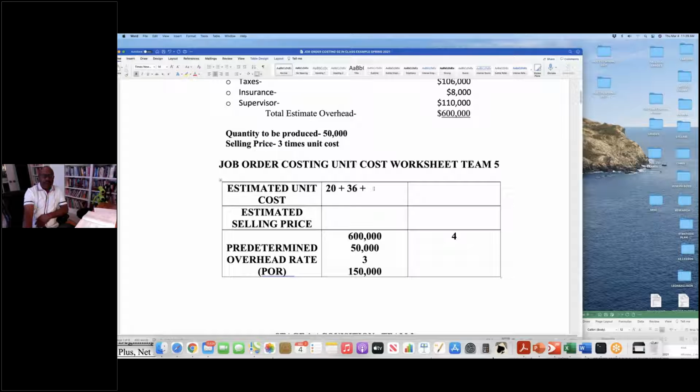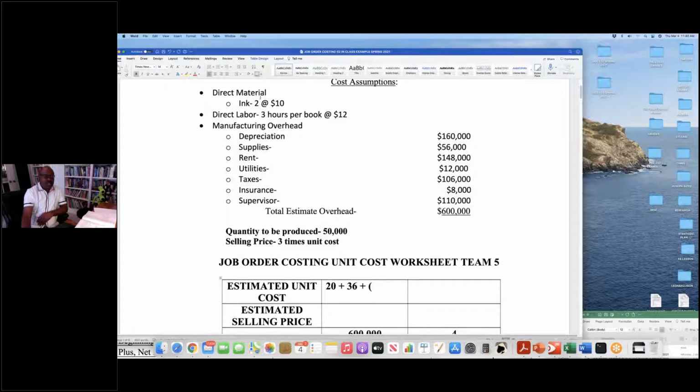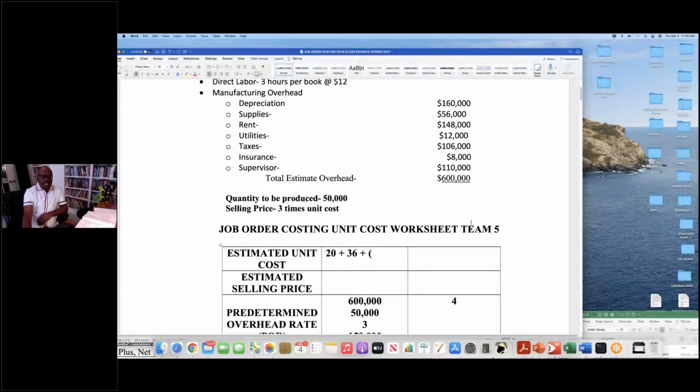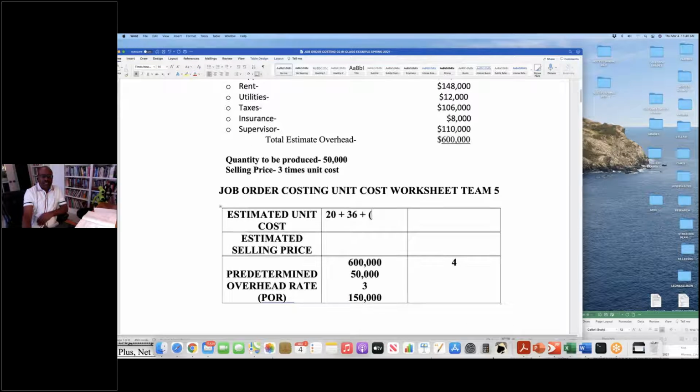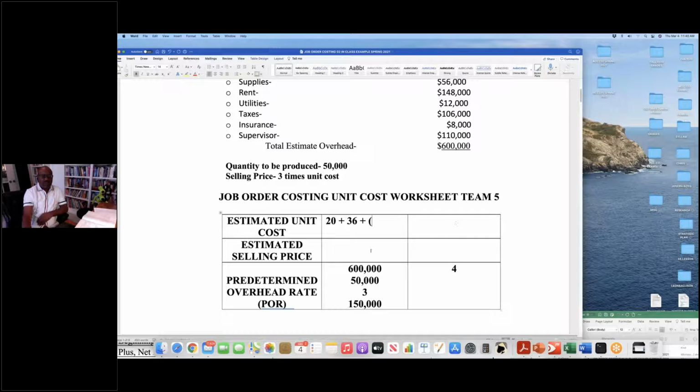Now we need to go up here and get our costs for overhead. We have in here the unit direct material costs, 20. We have the unit direct labor costs, 36. We now need the unit overhead cost of the 600,000. And how are we gonna get that? We're gonna take this little 3 right here.